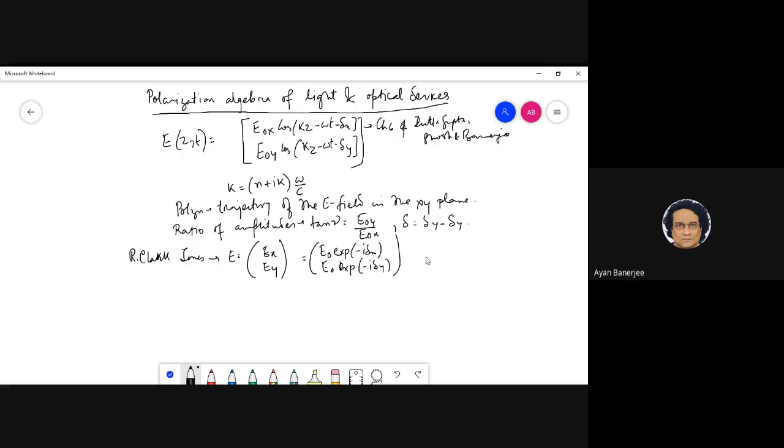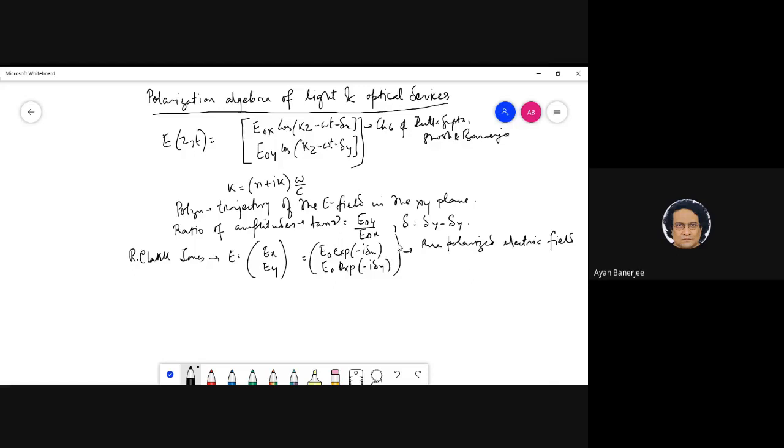Very importantly, this is describing a purely polarized electric field. We'll come to what impure or partial polarization might mean.